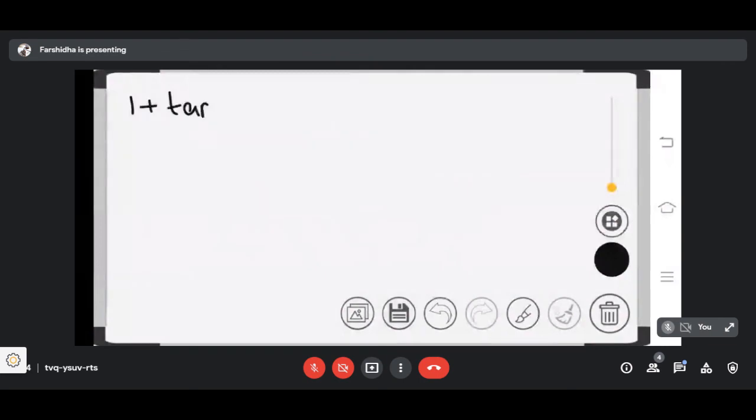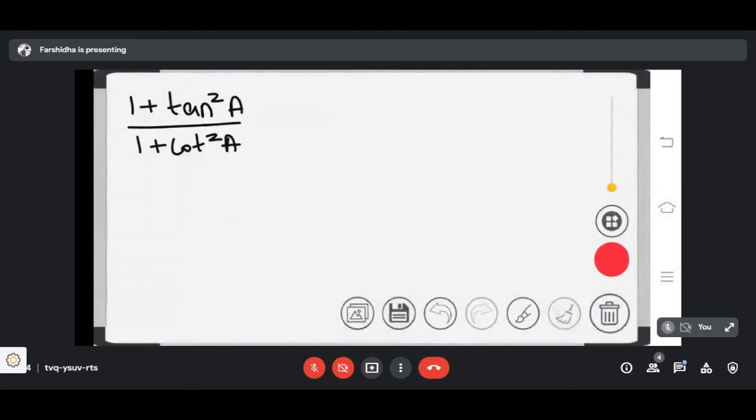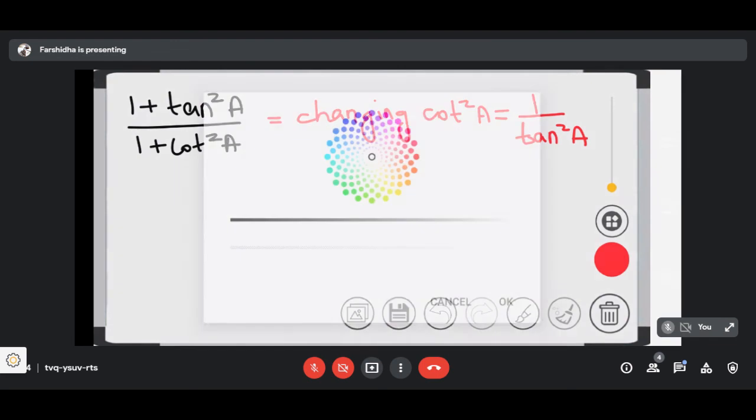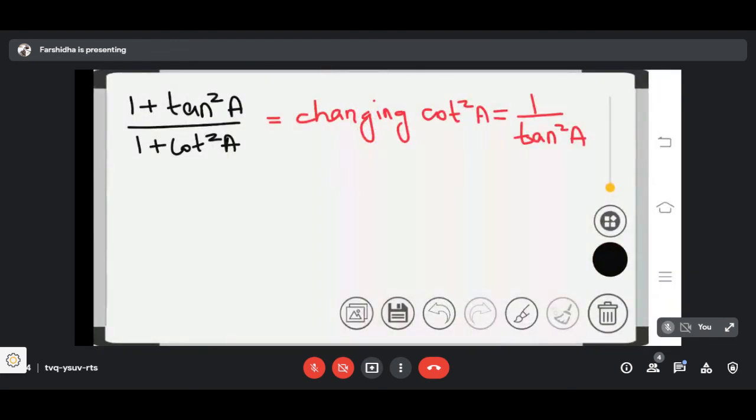So we'll start with 1 plus tan square A by 1 plus cot square A. Below that, write changing cot square A equal to 1 by tan square A. So in the next step, change cot as 1 by tan.